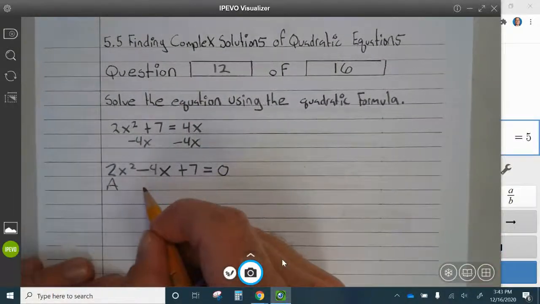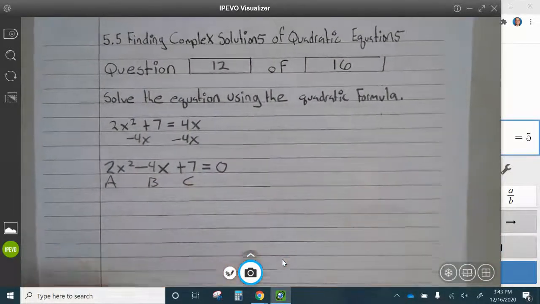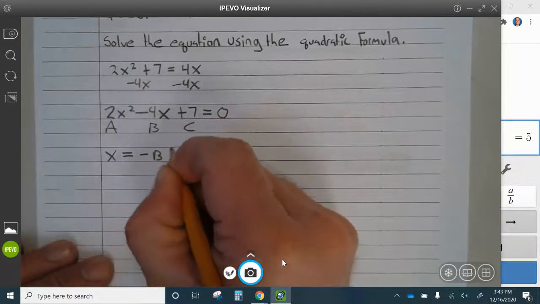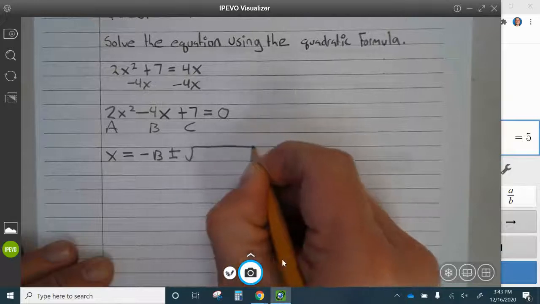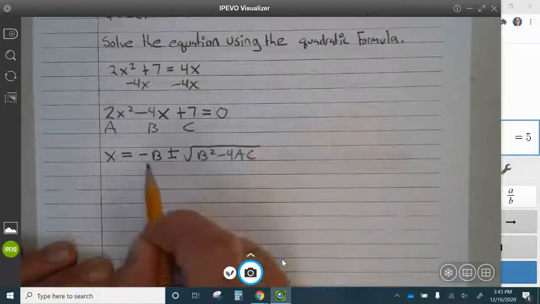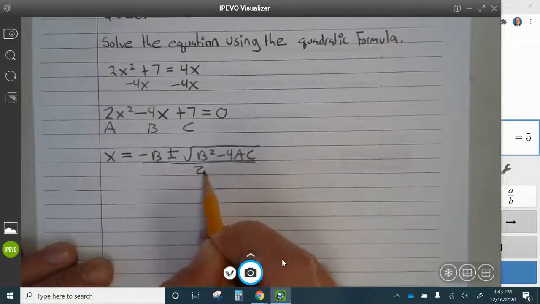This is your a value, this is your b value, this is your c value. We know that x equals negative b plus or minus the square root of b squared minus 4ac, divided by 2a.